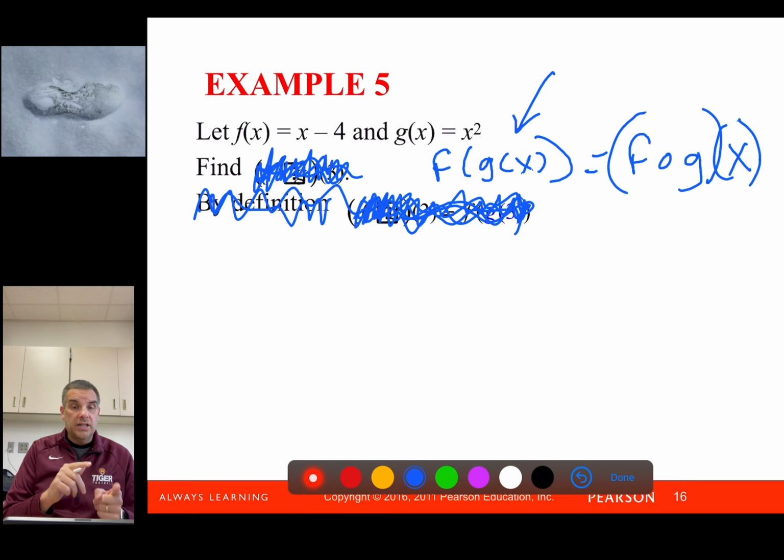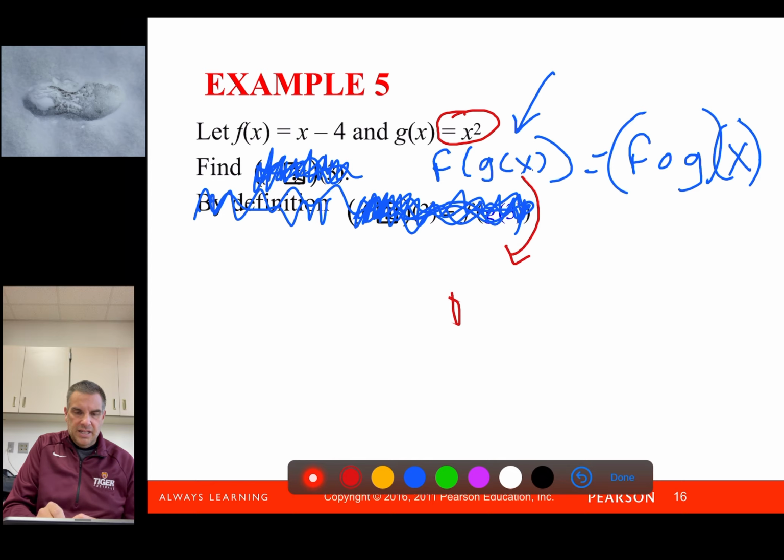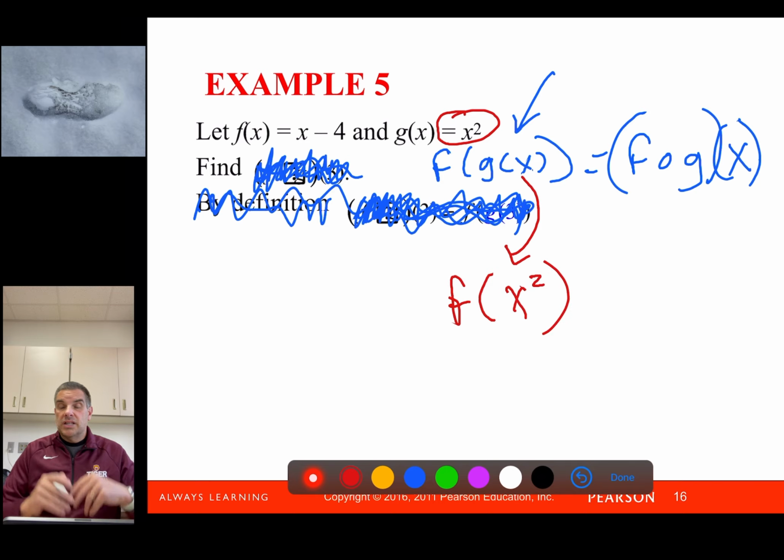Well, we know what that g of x function is. We know our g of x function is x squared. So realistically speaking, I could rewrite this as f of x squared because I know that g of x value is x squared. So now, by definition, anywhere I see an x in the f function, I'm going to replace it with x squared.